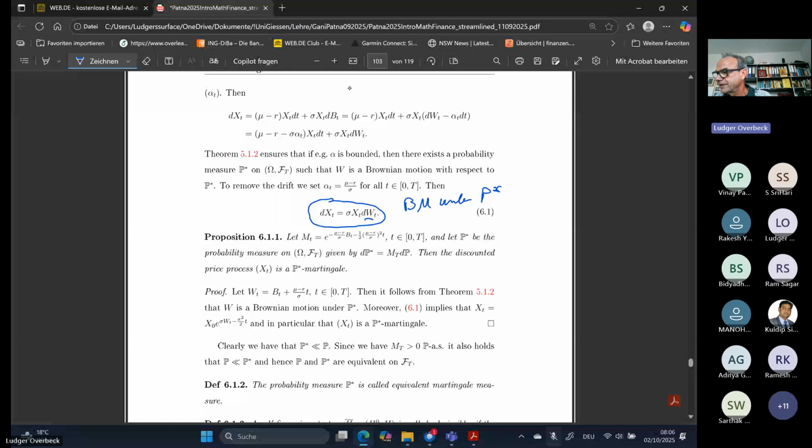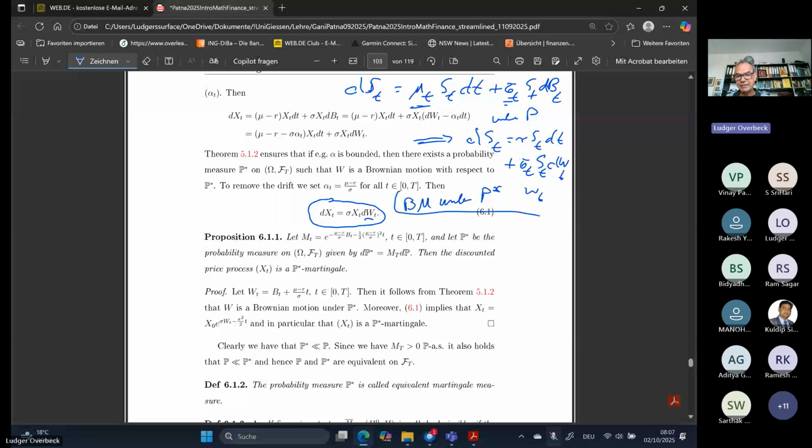Let's say your favorite statistician says it follows dS_t = mu_t S_t dt + sigma_t S_t dB_t under P. Then, under reasonable conditions on mu_t and sigma_t, we always get dS_t = r S_t dt + sigma_t S_t dW_t, with W_t a Brownian motion under P star.